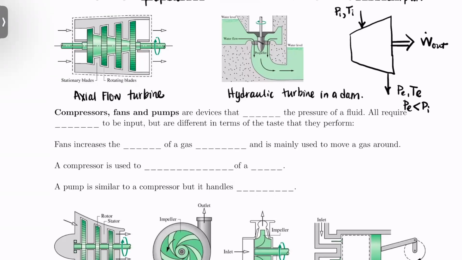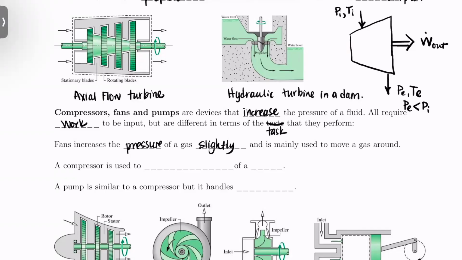Compressors, as well as fans and pumps, are devices that are used to increase the pressure of a fluid. All require work to be input, but are different in terms of the task, not the taste, the task that they perform. So fans are going to increase the pressure of a gas slightly, but they're mainly used to move a gas around, as anybody who has used a fan probably already knows.